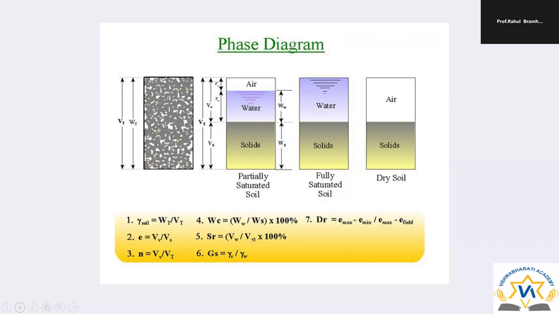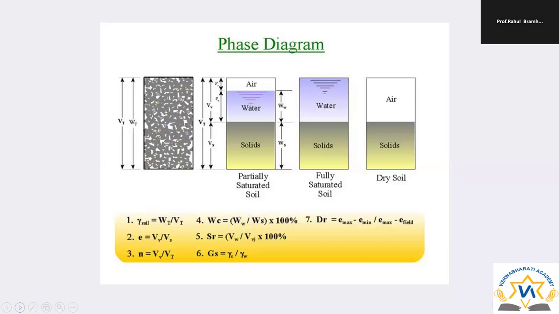Partially saturated soil consists of air, water and solid. Fully saturated soil consists of water and solid; there is no presence of air in fully saturated soil.